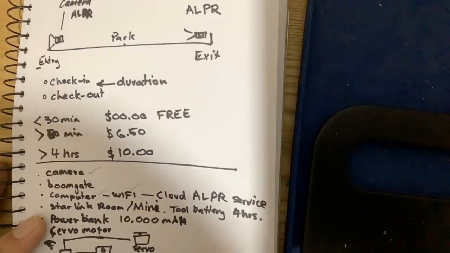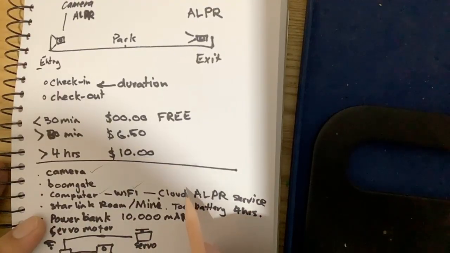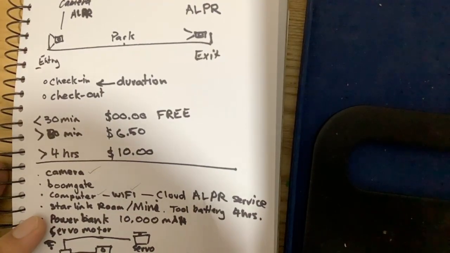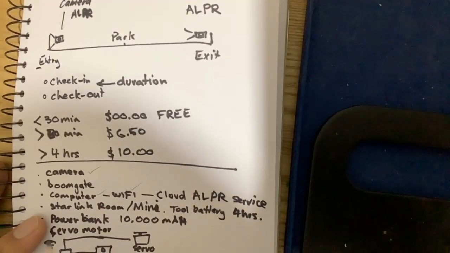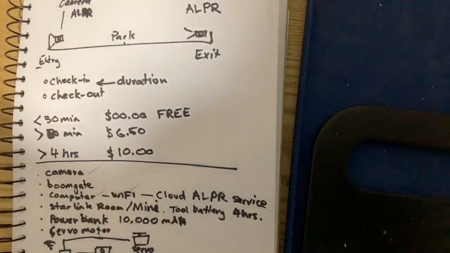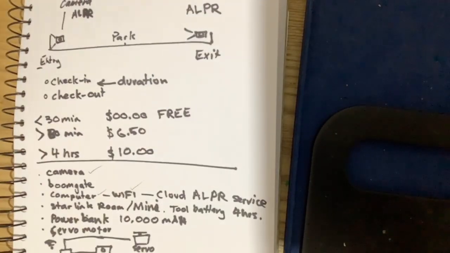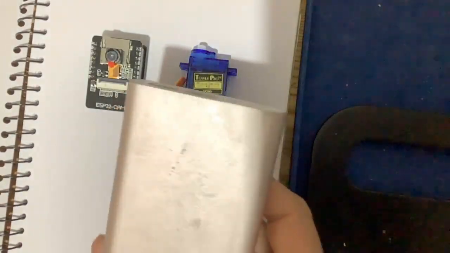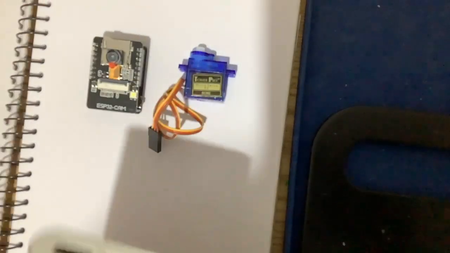It has Wi-Fi. We have a cloud APR service, but it's running on my computer at the moment, not in the cloud. So we'll have to put that in the cloud. We need a power bank. It's not 10,000 milliamps, but it should do the job.